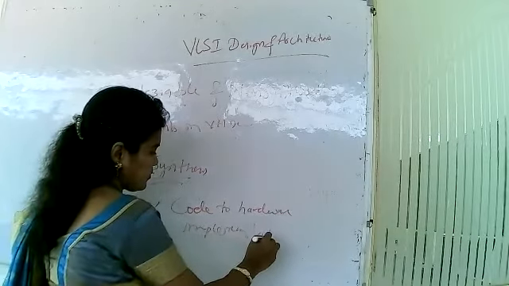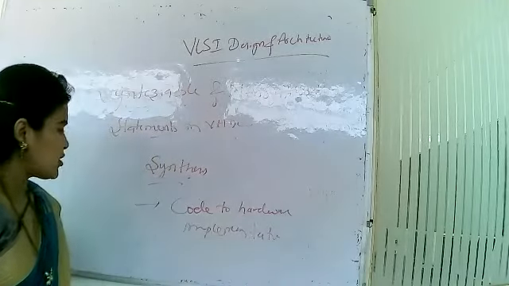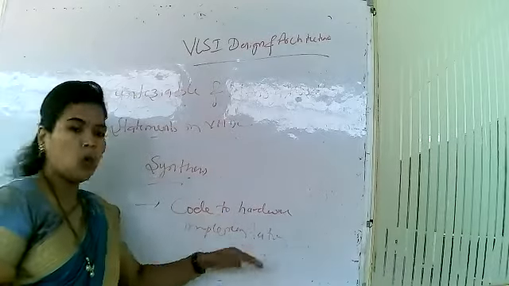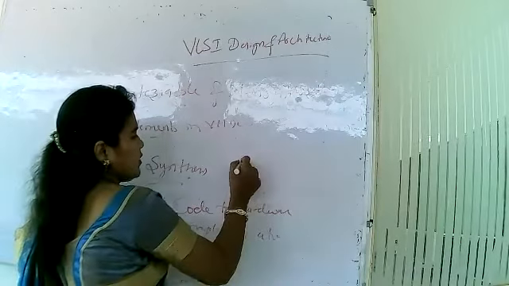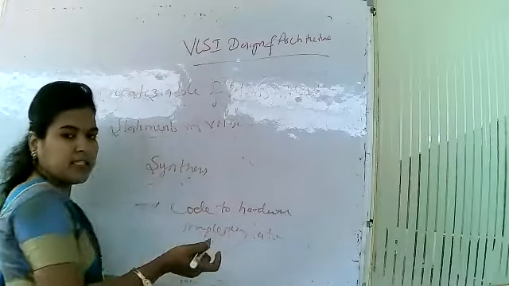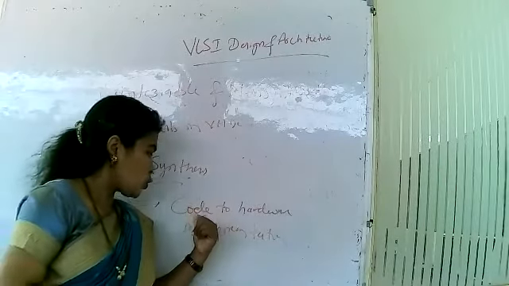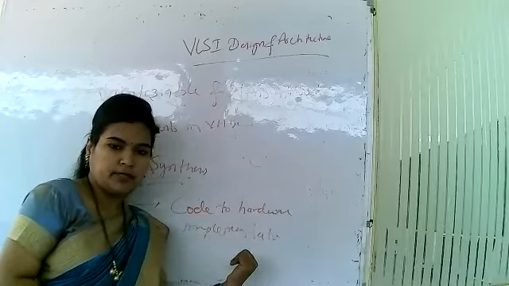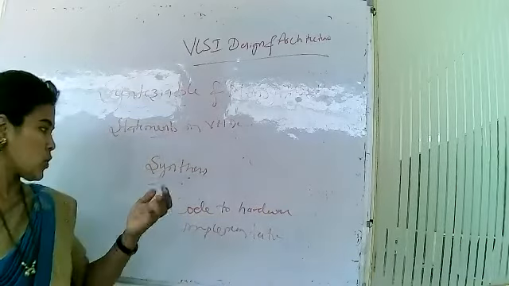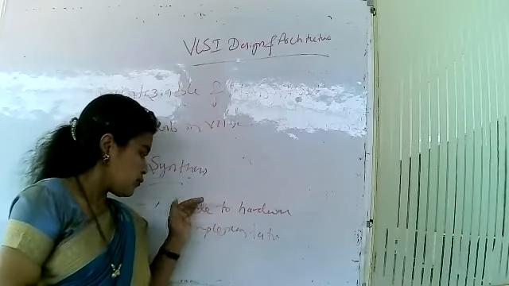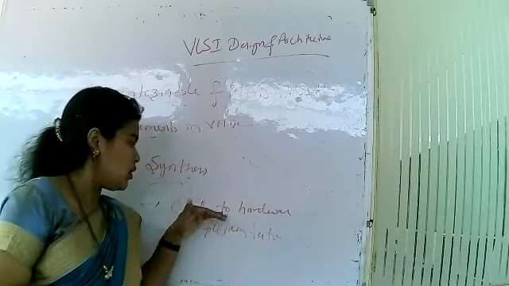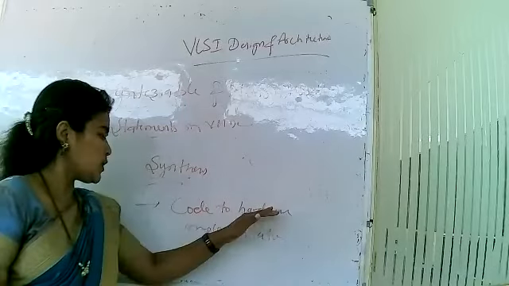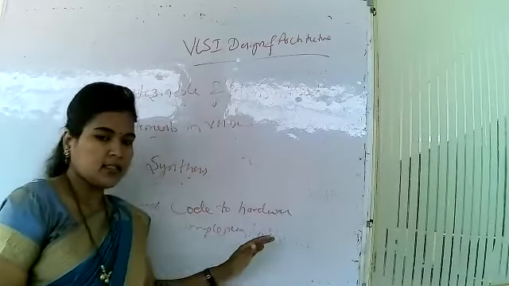Are you getting it? If we have code in any form, whether in C, C++, or an HDL, and that code is converted to a hardware implementation, you know this because you are already in final year. Conversion of code to hardware implementation is called synthesis.